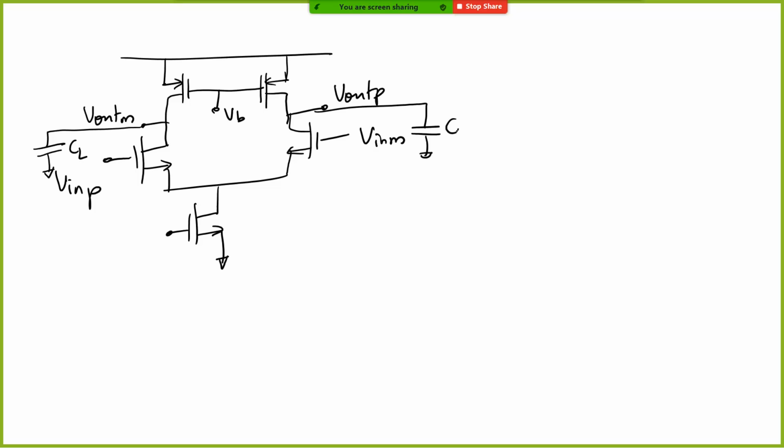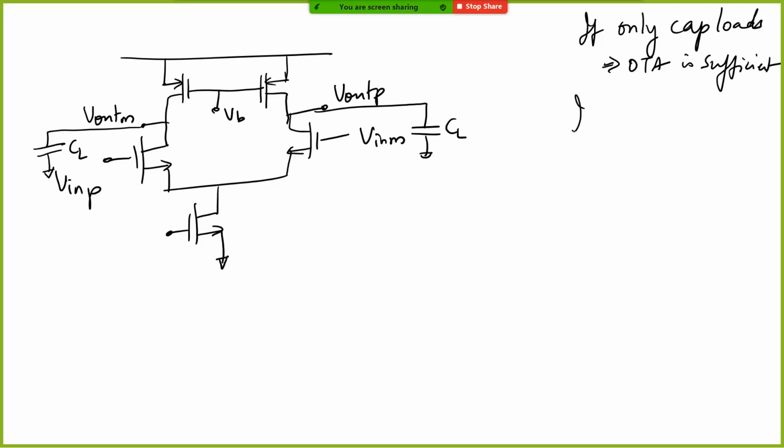Now just a side note here, many times I use this word OTA, or operational transconductance amplifier. If you have only capacitive loads, when I say capacitive loads, if you are driving only capacitors and not resistors, an OTA is sufficient.